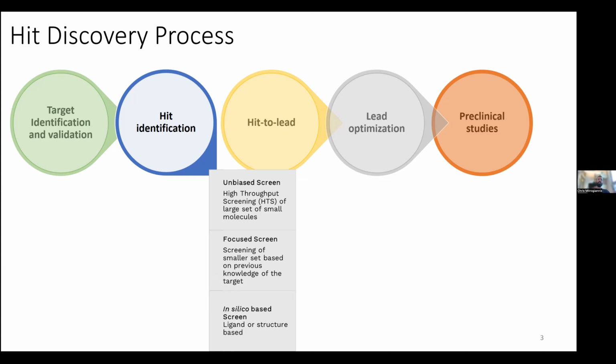With high throughput screening, companies get huge libraries of compounds, millions to billions, and they screen them against a target. The main disadvantage of this method, especially for an academic setup, is that we need a big storage area to keep all these billions of compounds.